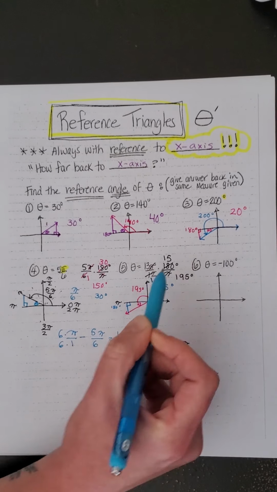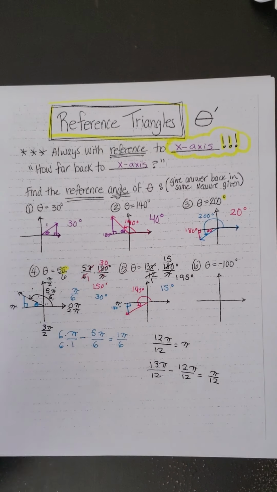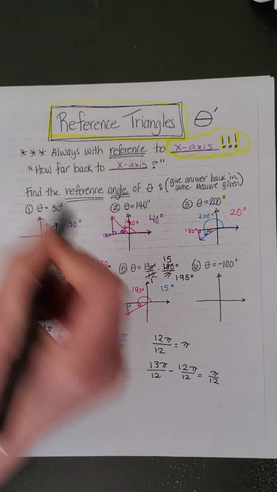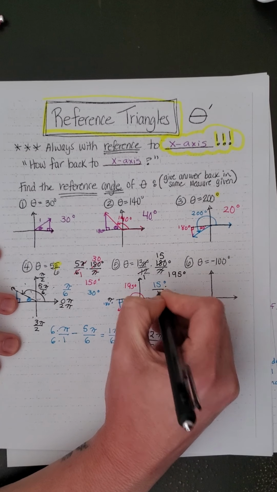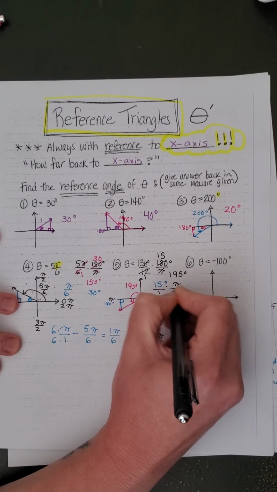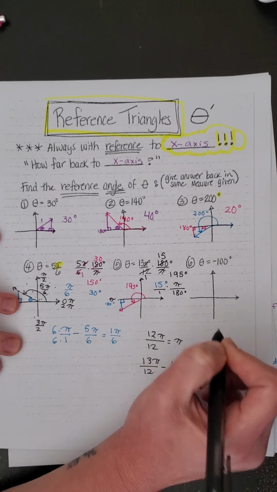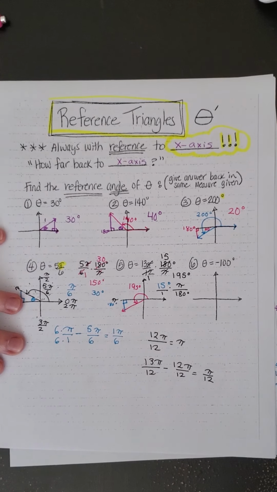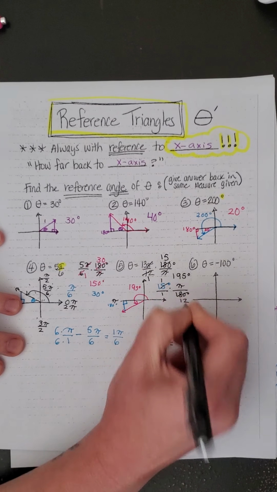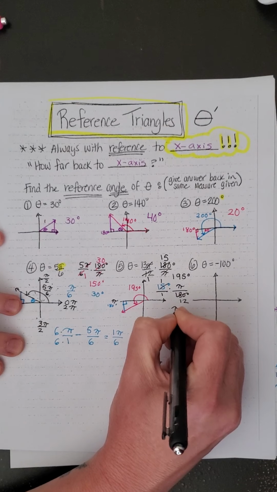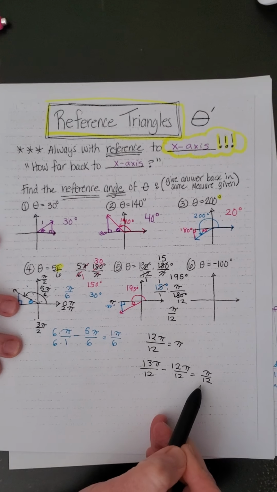Now, because it gave it to me in pi, I would need to convert it back into radians. So I'm going to convert back into radians by multiplying by pi over 180. And remember, we already divided this. 15 goes into itself once, and 15 goes into 180 12 times. And so this would be pi over 12. It's amazing, the same answer.